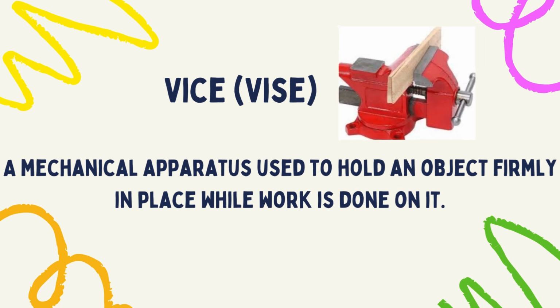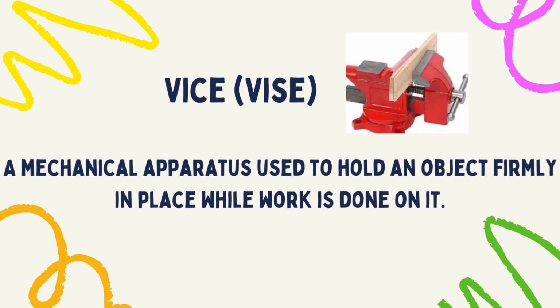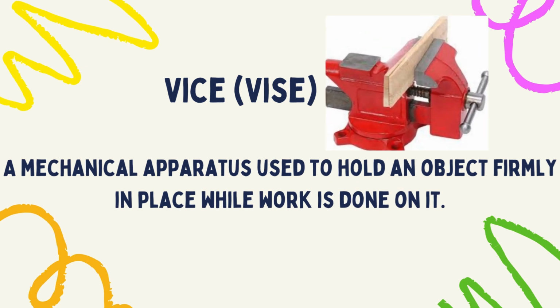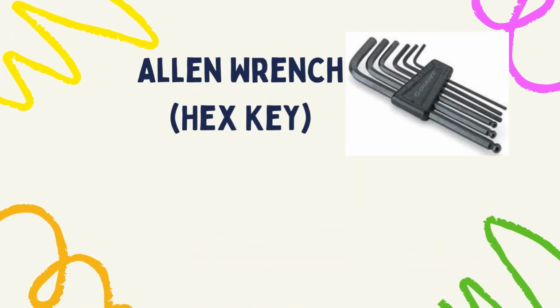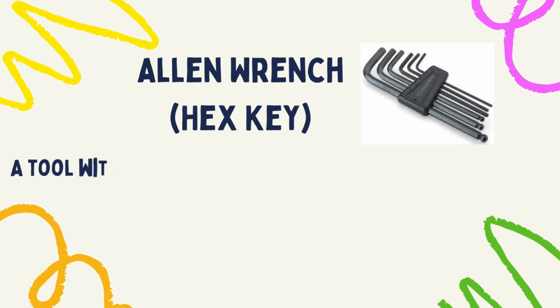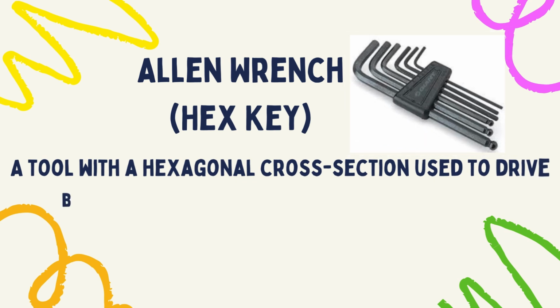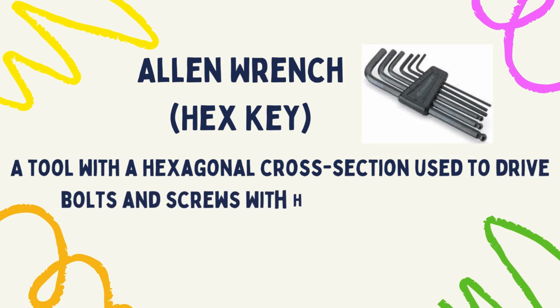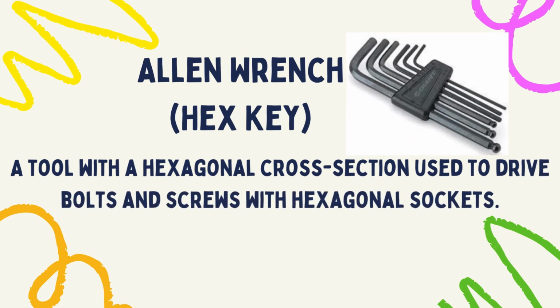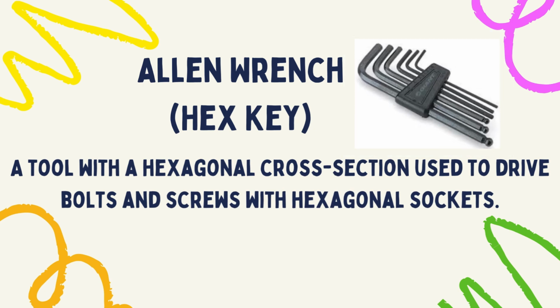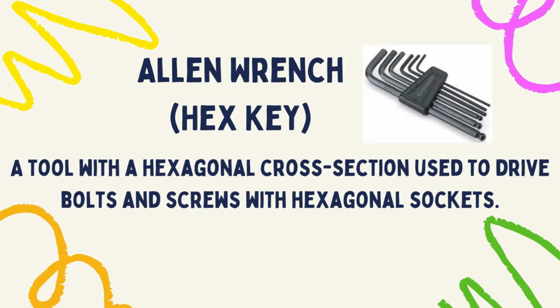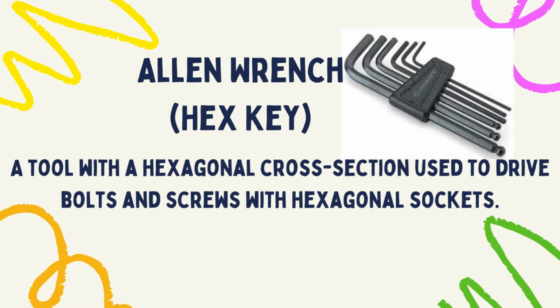A mechanical apparatus used to hold an object firmly in place while work is done on it. Allen wrench, hex key. A tool with a hexagonal cross-section used to drive bolts and screws with hexagonal sockets.